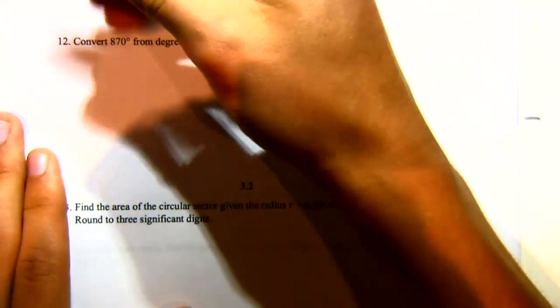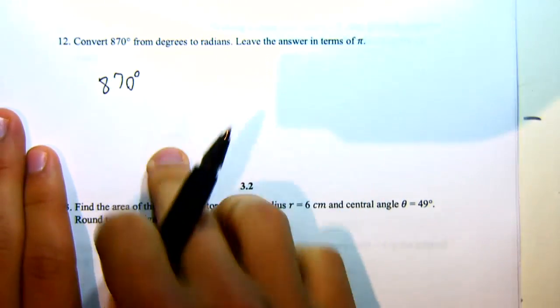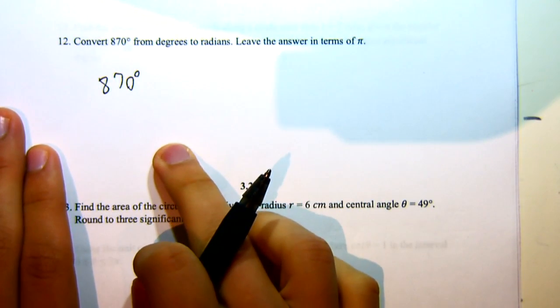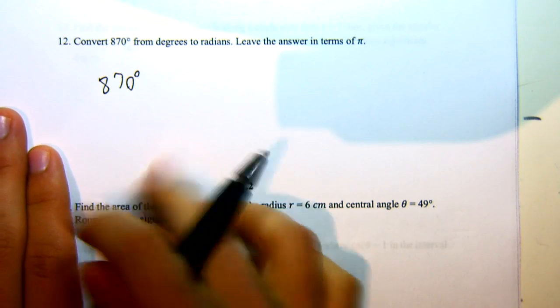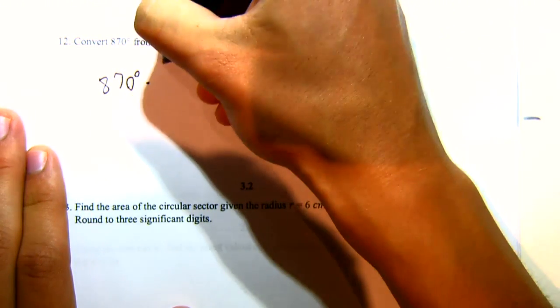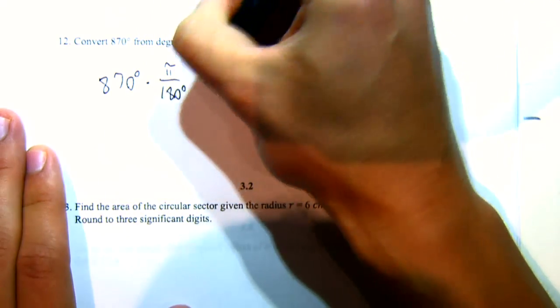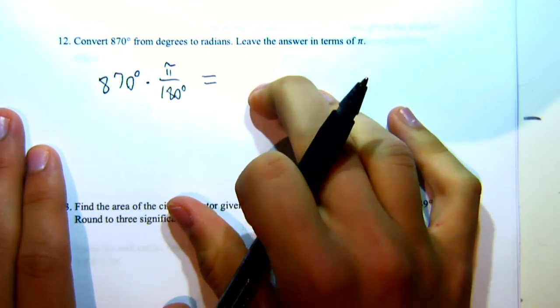Alright, so this is just a conversion from degrees to radians type problem. So here we just take 170, and what do we multiply by to get radians? Alright, excellent, so pi over 180. And what do we get for that?